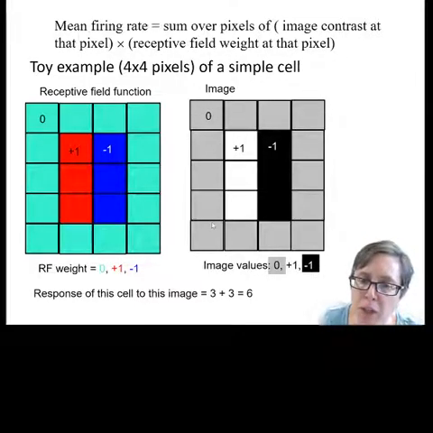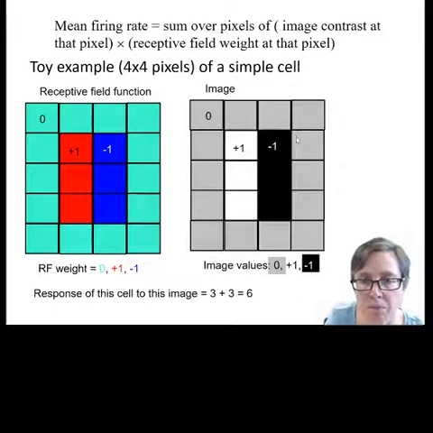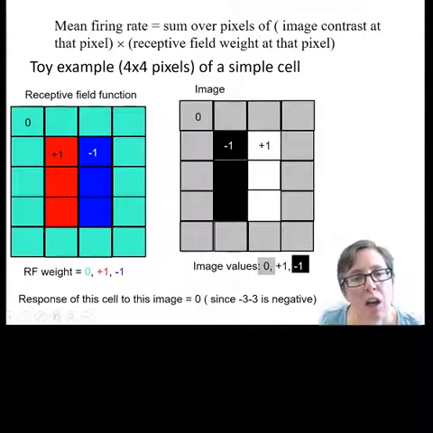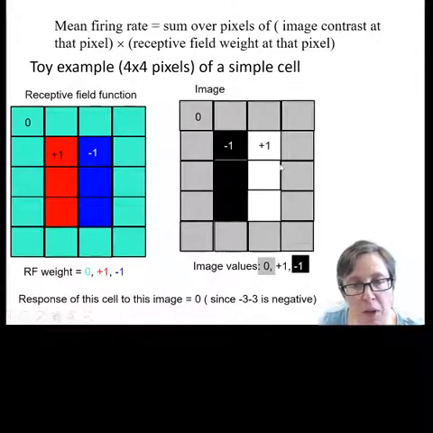What happens if we invert the contrast polarity of this image? So we're going to make this bar dark and this bar bright, like so. Let's go through again to work out the cell's response. We've got all these zeros that don't contribute anything, and now we've got +1 times -1 3 times, -1 times +1 3 times. So we get a total of -6.